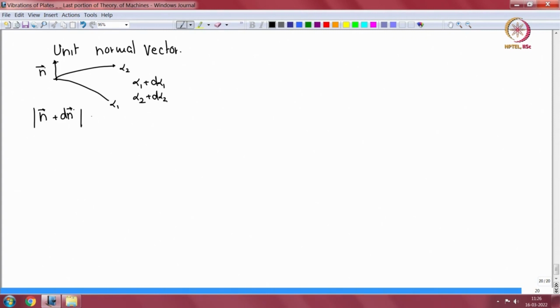So, the magnitude should still be equal to 1. Okay. And therefore, where could dn bar lie? Dn bar cannot have a component in the n bar direction. Okay. So, it can have only components perpendicular to it, and therefore, they will lie again in the alpha 1 alpha 2 plane, or alpha 1 alpha 2 direction, sorry.